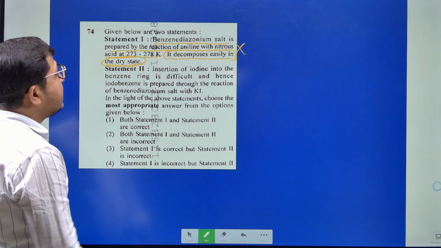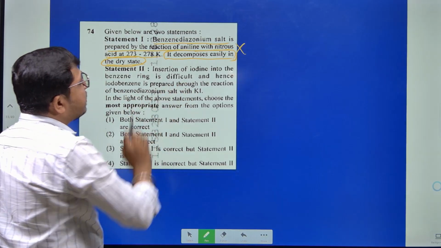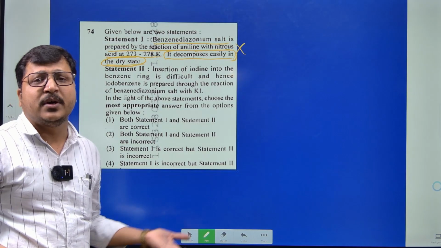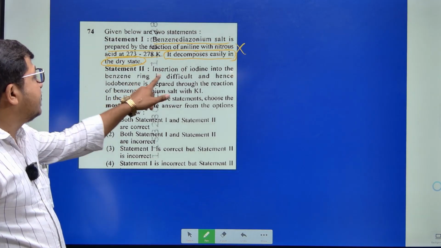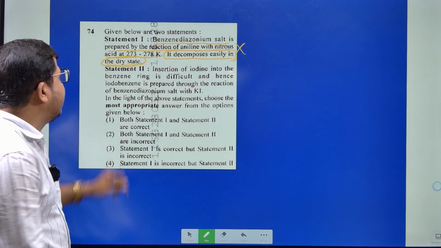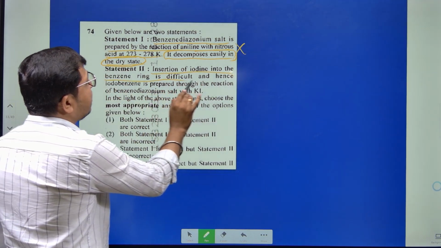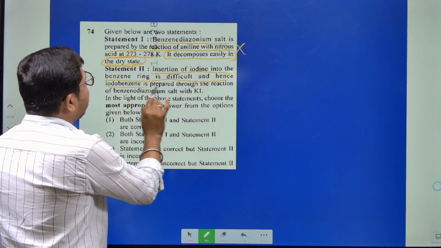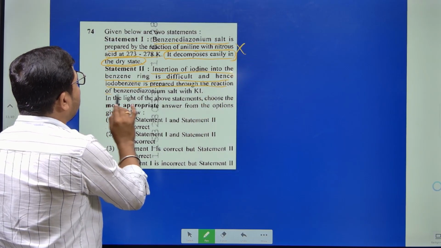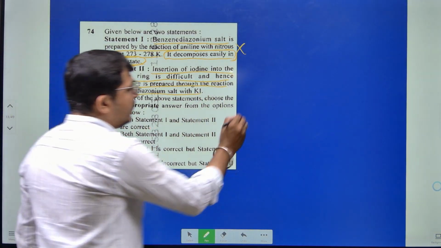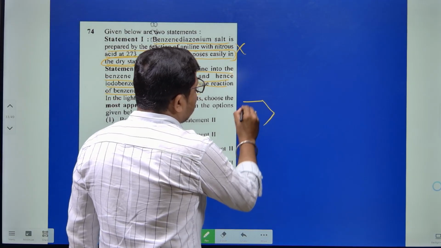And then, the insertion of iodine into the benzene ring is difficult because iodine is an easy leaving group and a more reactive atom. Hence, iodobenzene is prepared through the reaction of benzene diazonium salt with KI. I will write the reaction for statement number 2.